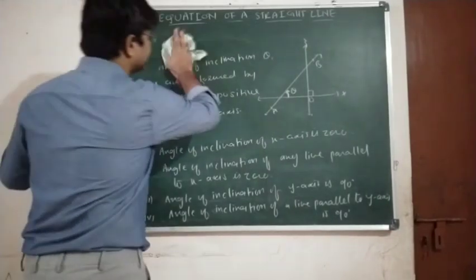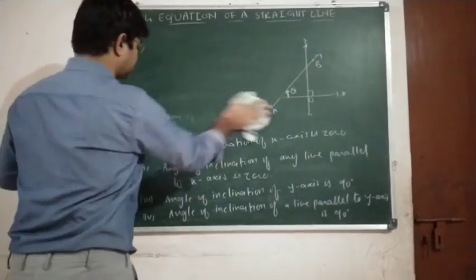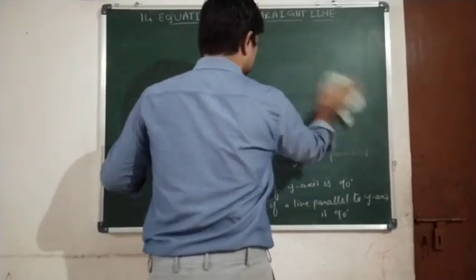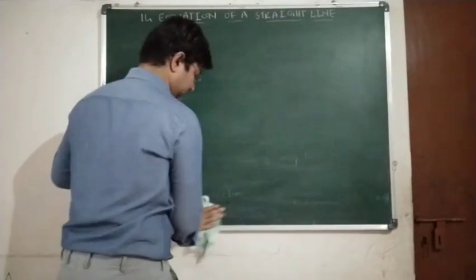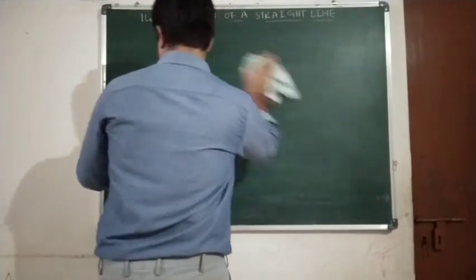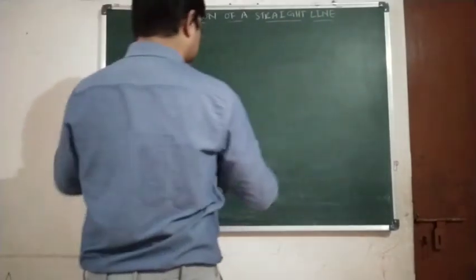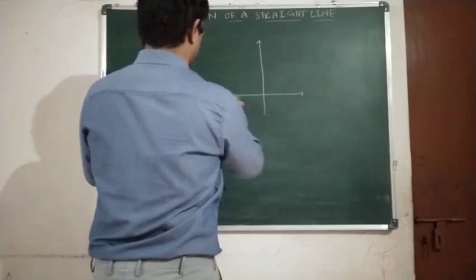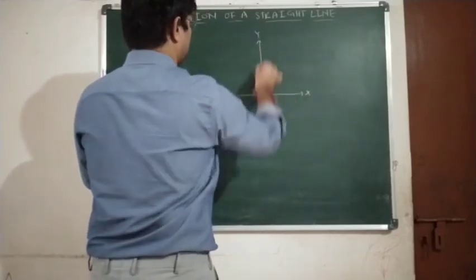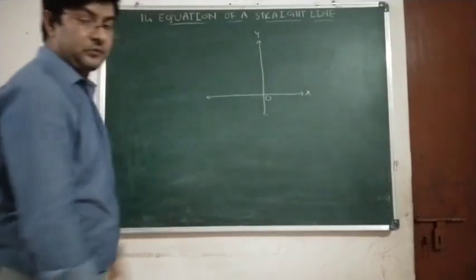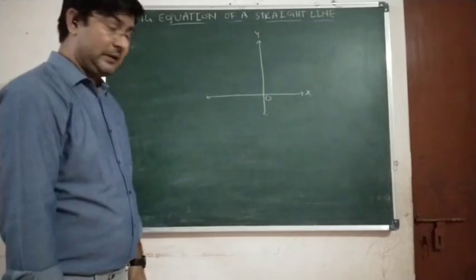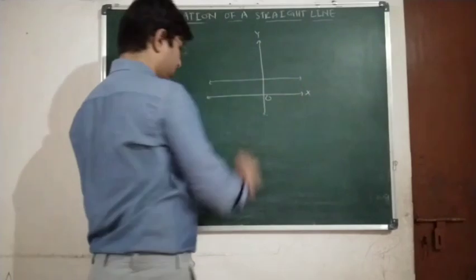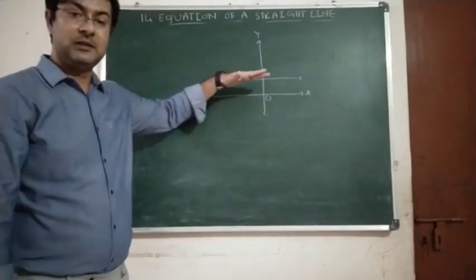Now when we draw any line which is parallel to x-axis, from now onwards we will call such a line a horizontal line.